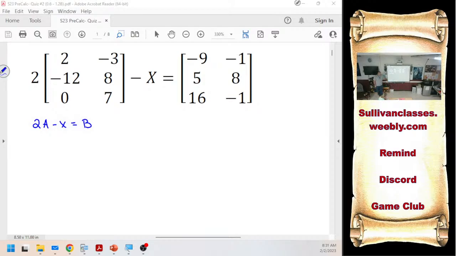Okay. Now I can either subtract 2a over and multiply everything by a negative, or I could subtract b over, add x over. Either way, it's going to result in the same thing, right? I'm going to have x is 2a minus b.